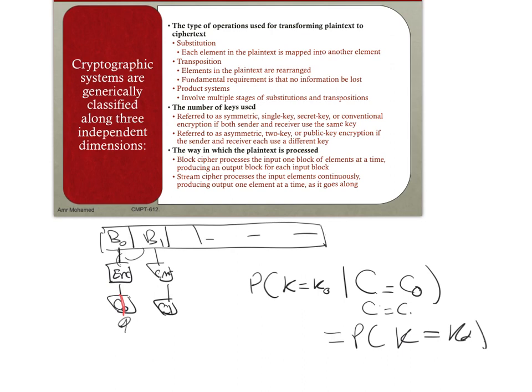Going back to this, okay? So this is the block cipher, and that's what it does. The strength, or the pros, is that it's very powerful from a security perspective, okay?